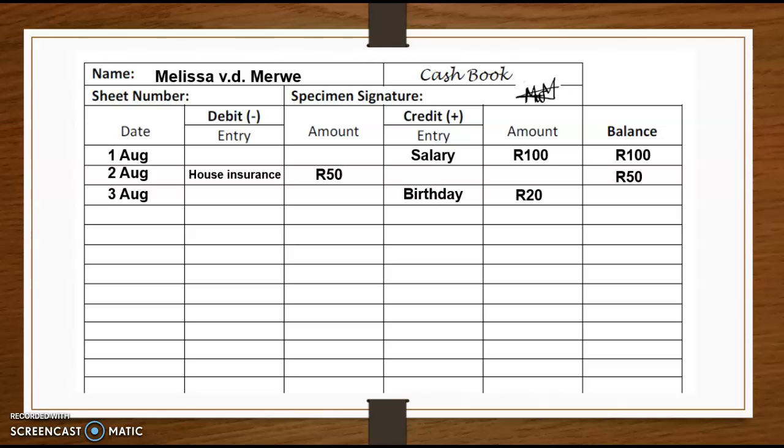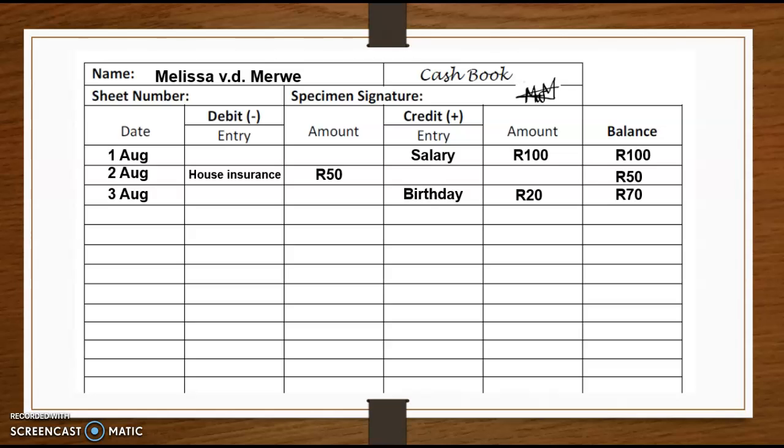Now your balance is 50 Rand from the 2nd of August, and you've received 20 Rand. So what will you be doing now? You'll be taking that 50 Rand and plussing the 20 Rand, and then you have a balance of 70. So if your previous transaction is in the debit column, you're going to minus from your balance, and if it's in the credit column, you're going to be plussing it to your balance.